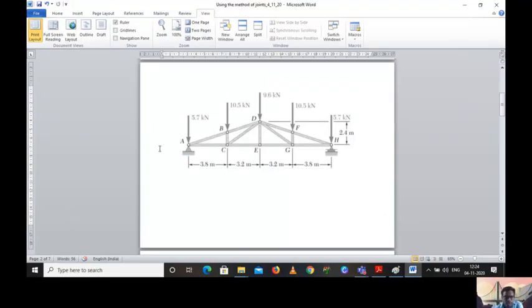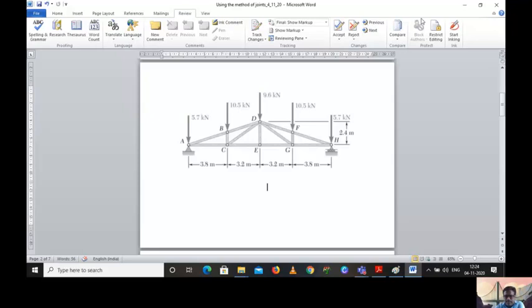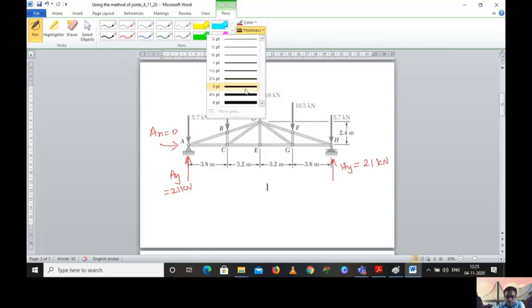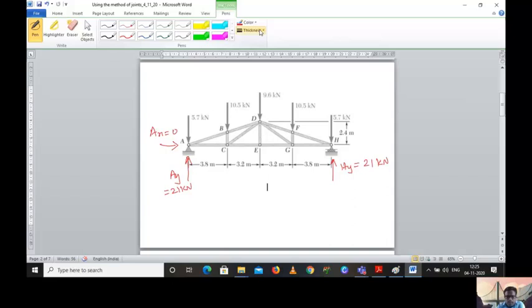Now you know the values of the reactions: AY is 21 kilonewton, AX is 0, and HY is 21 kilonewton. A little bit I will increase the thickness so that you can understand. Fine. Now we are going to calculate the member forces.